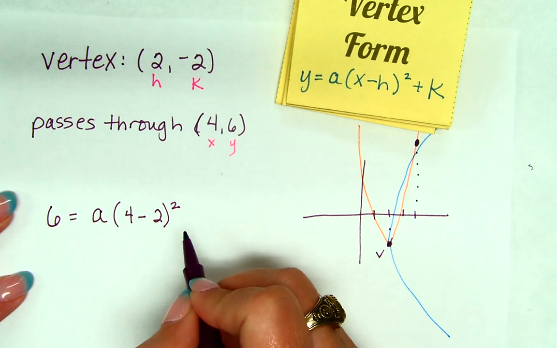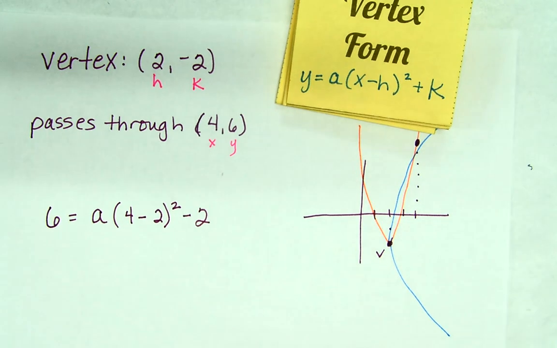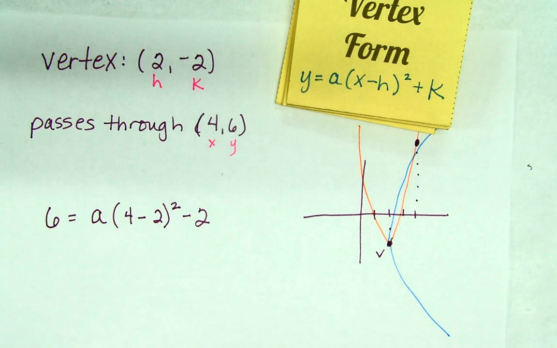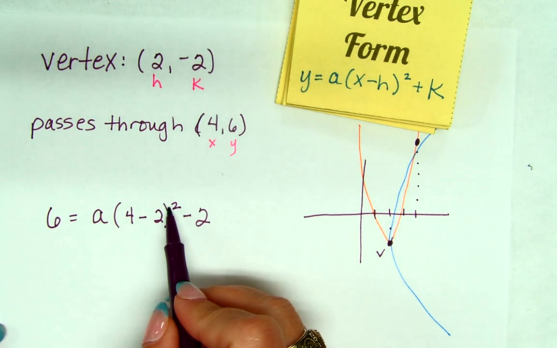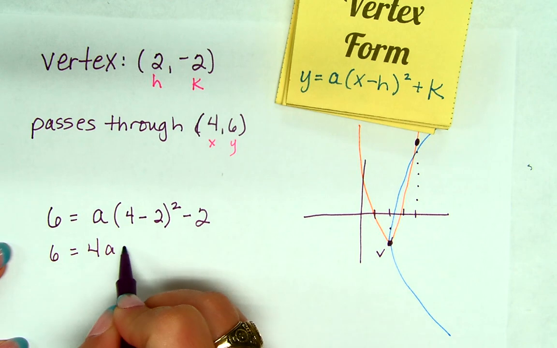Okay, so far? Does anybody know what 4 minus 2 is? 2, excellent. What's 2 squared? So I have 6 equals 4a minus 2.